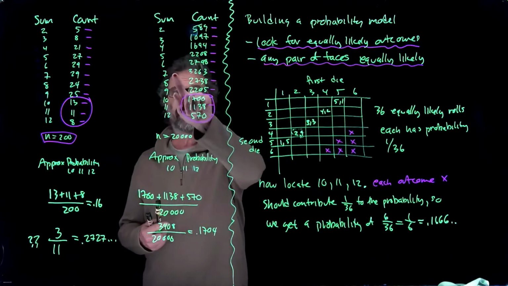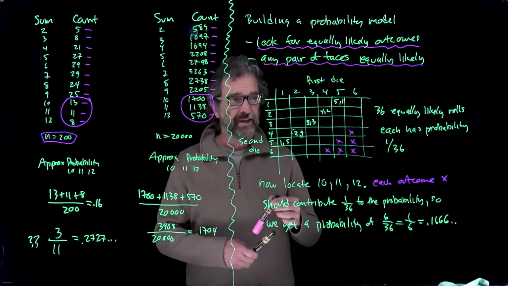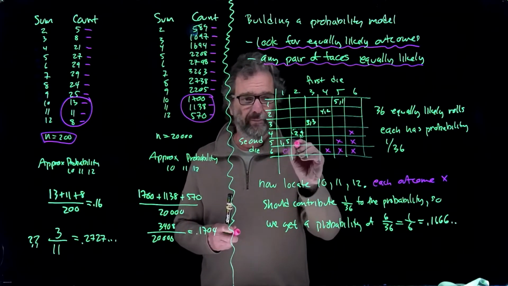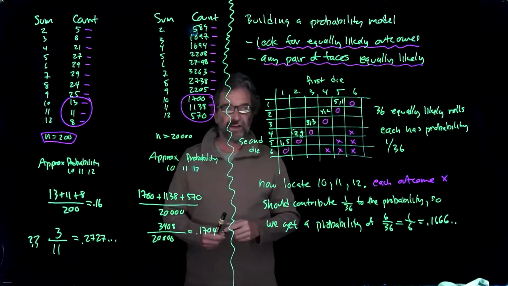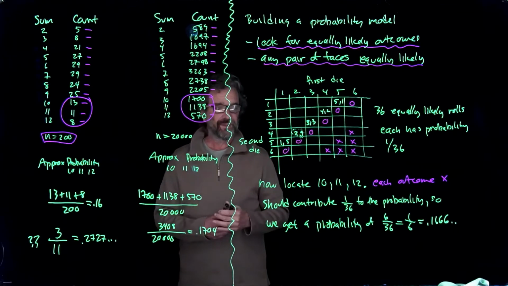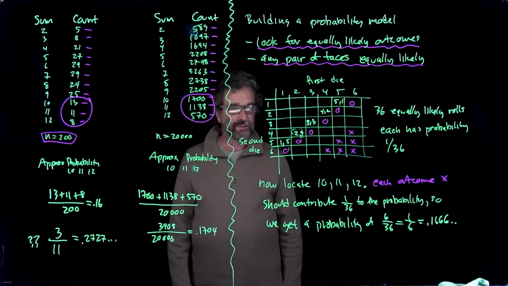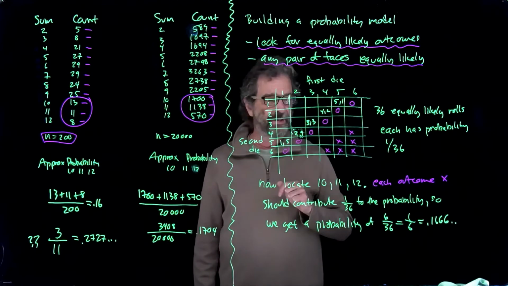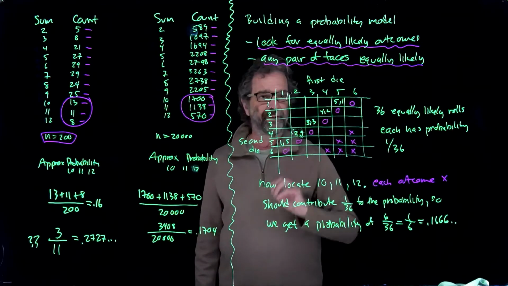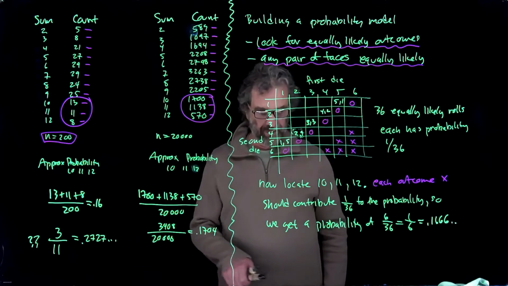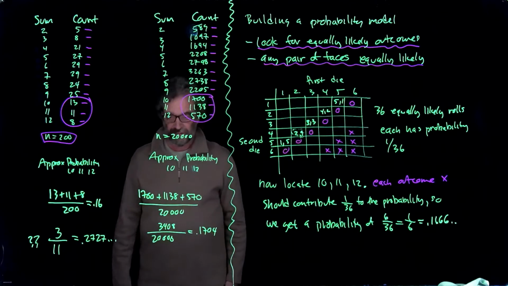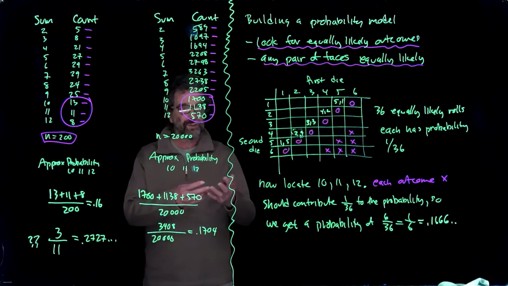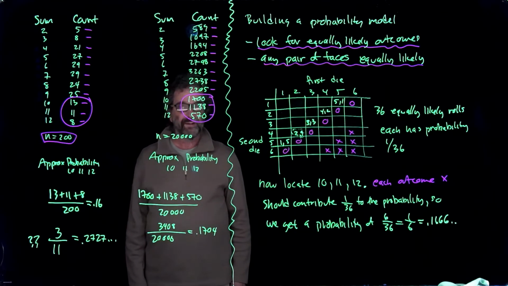So if you want to know what about a 7, here's the 7s. There are 6 ways to make a 7, so that's 6/36. So that happens, 7 by itself happens 1/6 of the time. All these together happen 1/6 of the time. Kind of cool that you can get by like that. And we'll be looking at the table that shows all the possible values on the next slide.